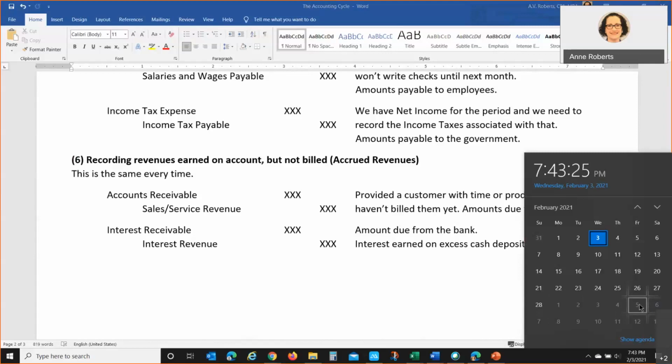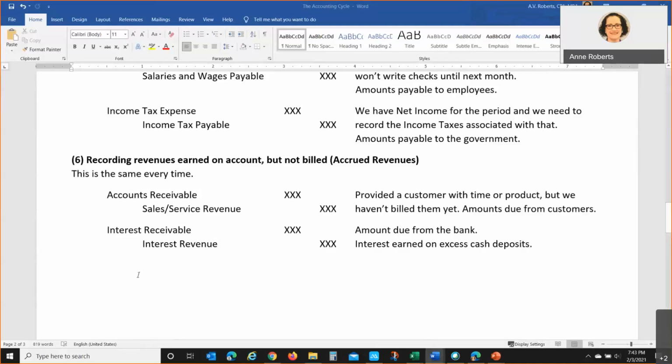That revenue belongs up here in February because we provided the service, not in March when we bill it. So this journal entry right here gets it into February.